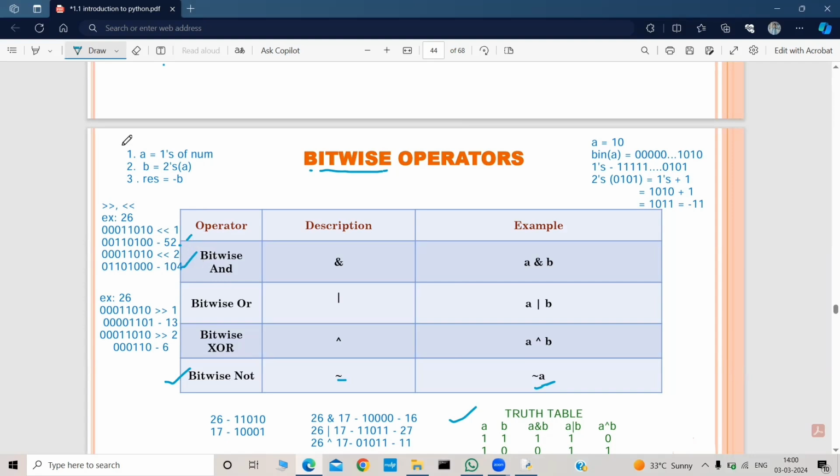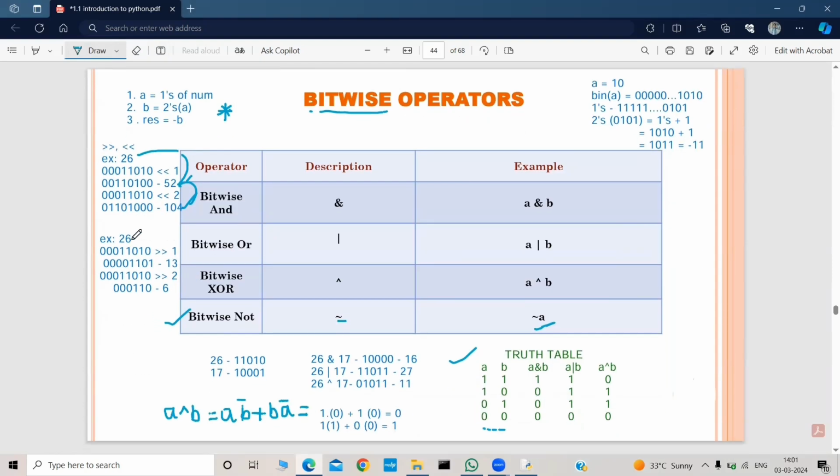And here, we got 26 into 4, that was 104. So every time, the result was multiplying. In the first case, 26 into 2, we got 52. And then 52 into 2, we got 104. We can say this left shift operator will multiply. Every time it will be multiplied with 2 whenever we shift the bits to the left side.